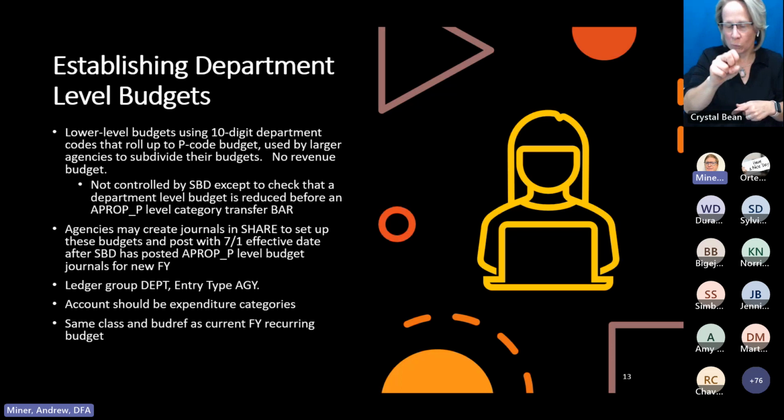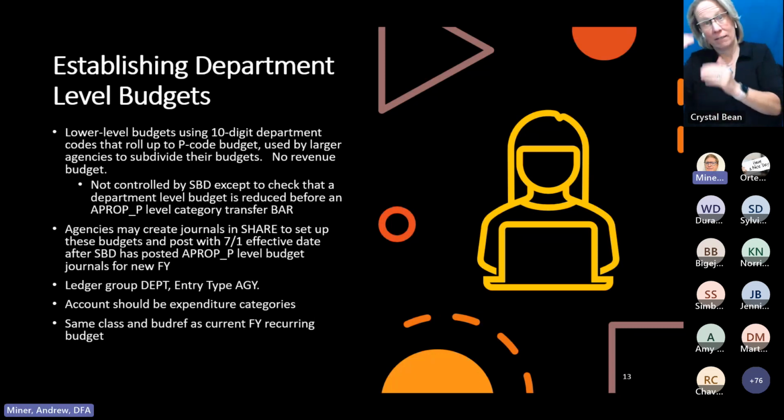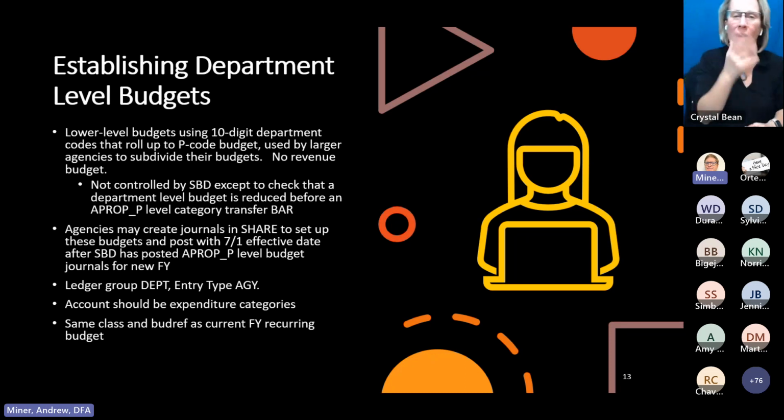Then you can go in and post your department level budget, right? Obviously, if you try to post your child level budget before your parent level budget is posted, that'll be an error. Okay. If you're creating these journals, you're going to use ledger group department and entry type AGY. Account fields should be your expenditure categories like 200s, 300s, 400s.